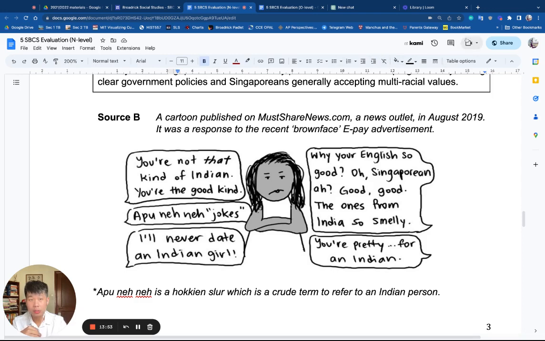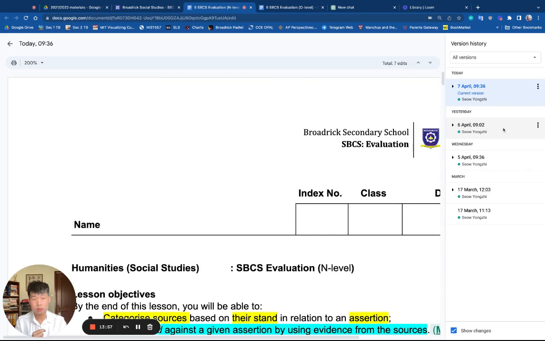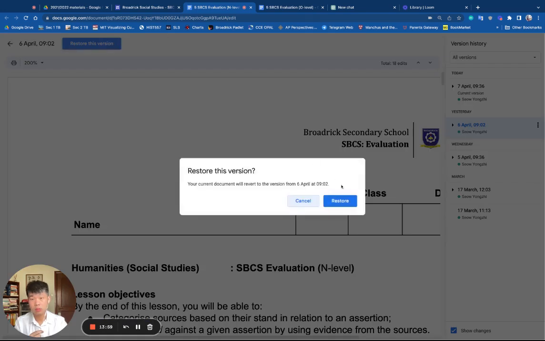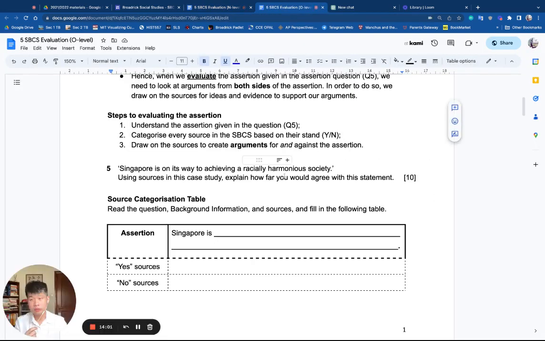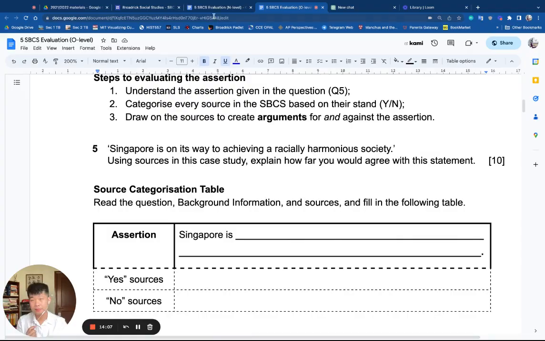And now let's talk about the O-level type of question. Now, the O-level type of question, I've swapped over to O-level now.